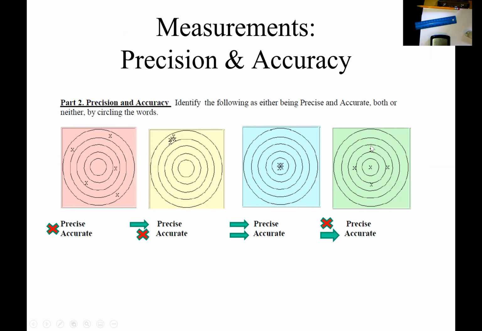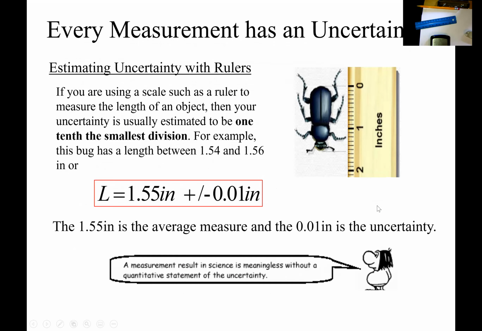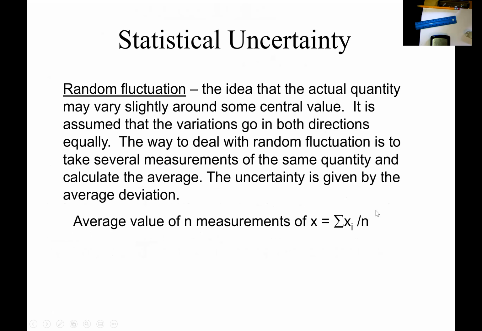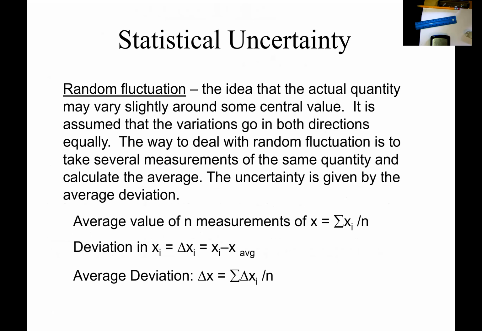So these are all equidistant from the center, but you would measure the average is in the middle. So that's the deviation for this point, that's the deviation for that point, that's the deviation, and that's the deviation. And then you would just average them all. That's the average deviation. So the standard deviation is much more complicated, and you'll get to learn that in another lab, but we're going to use average deviation for every single lab, okay?